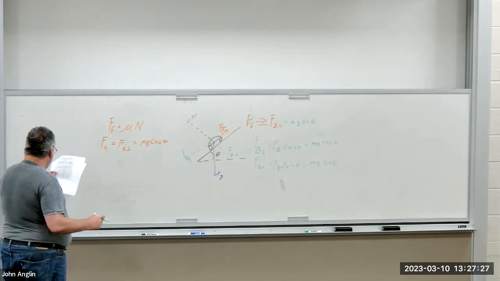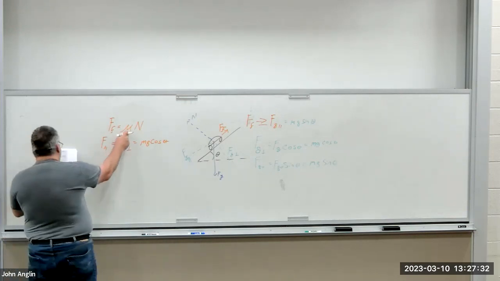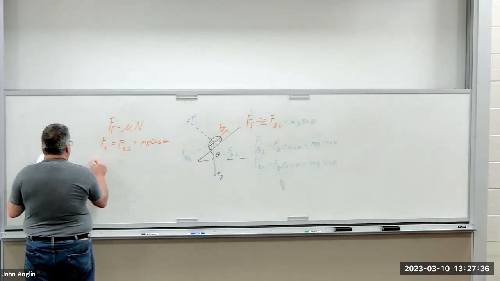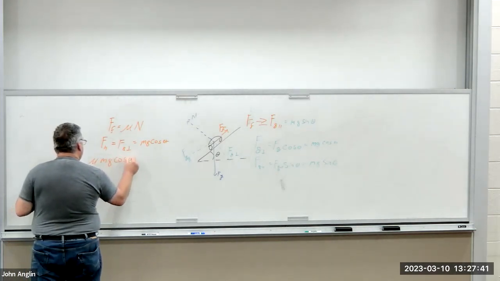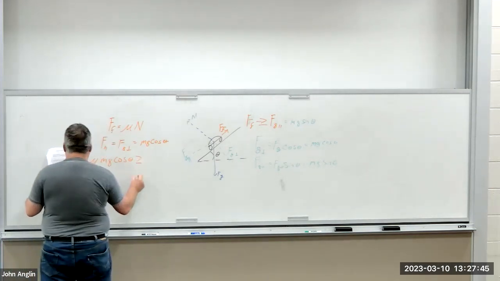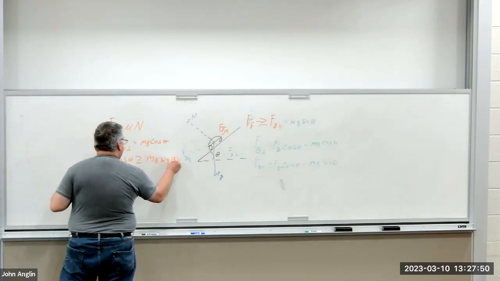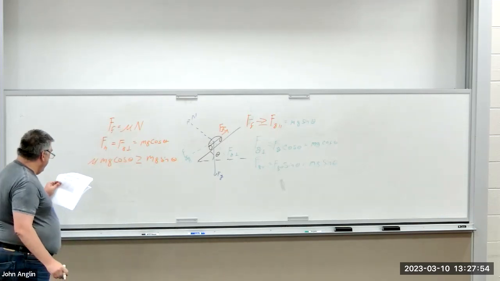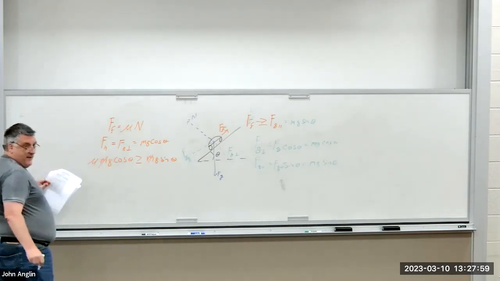Well, that means if we plug in this mu, that our frictional force then becomes mu mg cos theta. And that's got to be greater than or equal to mg sine theta. All I'm doing is making substitutions. No big deal. Look what happens. The masses go away.